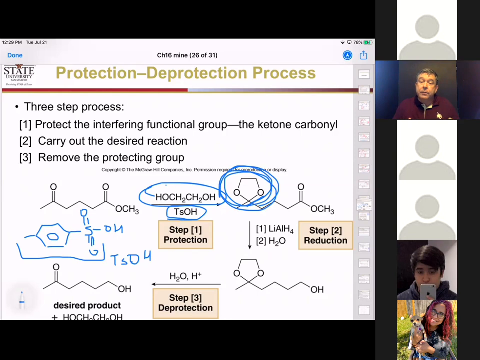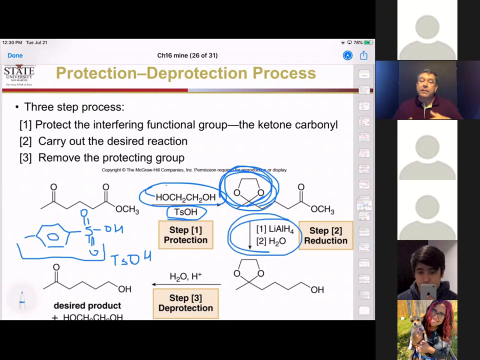Remember, our lithium aluminum hydride and our sodium borohydride only attack carbonyls, but sodium borohydride is not strong enough to attack esters, but lithium aluminum hydride is, and it takes esters all the way down to primary alcohols. So we're going to take our ester down to a primary alcohol using our lithium aluminum hydride.